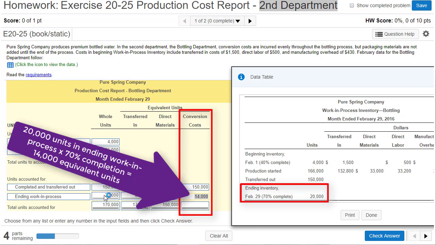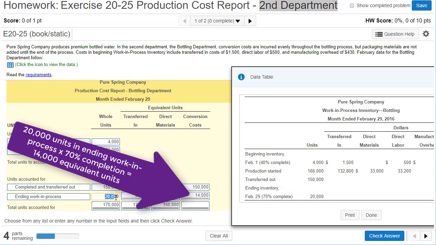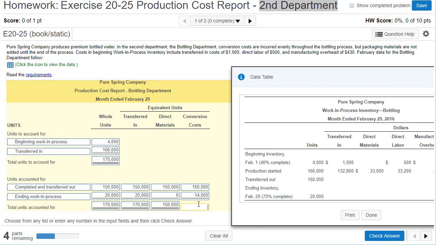What the 14,000 means is 20,000 bottles that are 70% complete for conversion costs are the equivalent of 14,000 bottles 100% complete for conversion costs. And then we're just going to add 150,000 plus 14,000, which gives us 164,000.